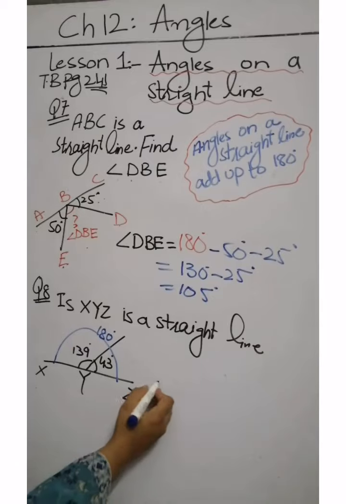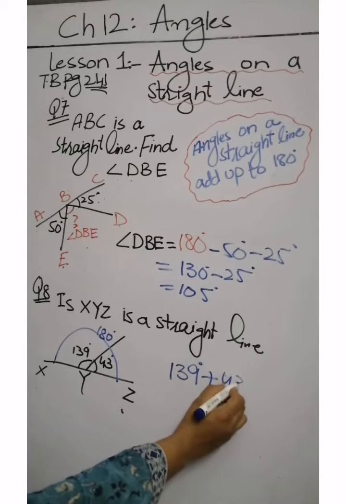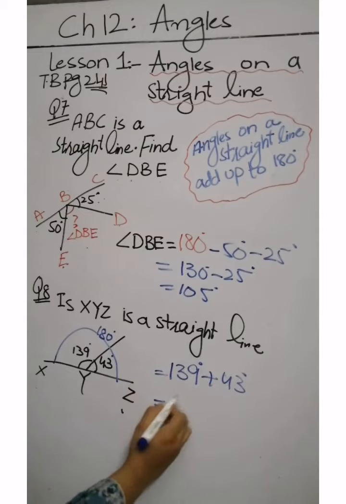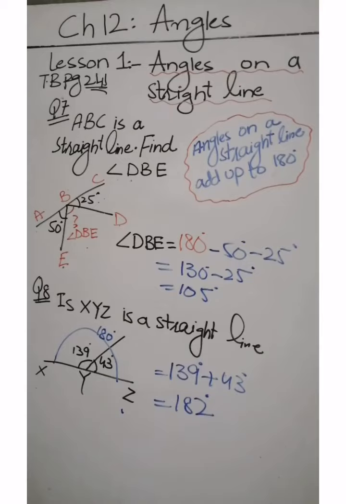So I add 139 plus 43 degrees. I get 182 degrees. So the line is not straight.